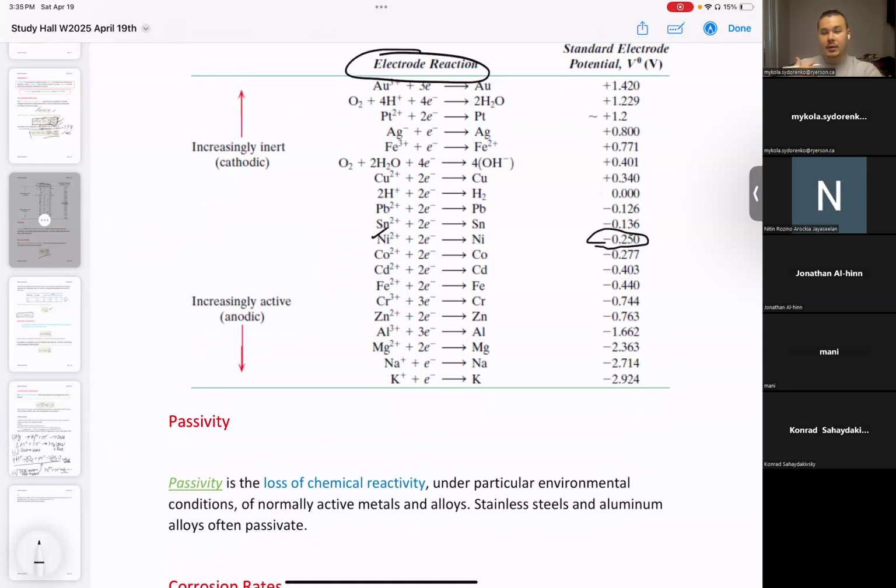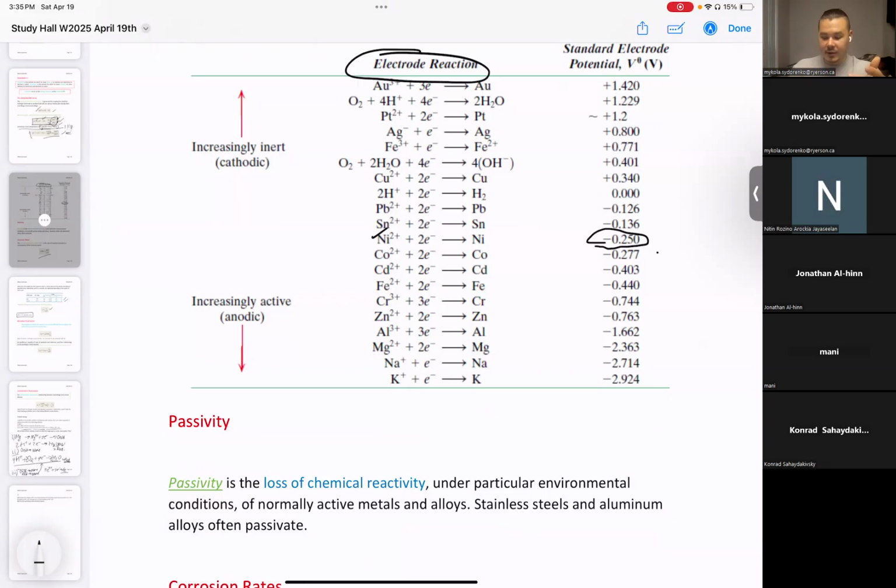There are some elements that are more prone to corrode than others. For example, gold is highly cathodic, so it barely corrodes. But iron, chromium or zinc will corrode very much. It's a spontaneous process.